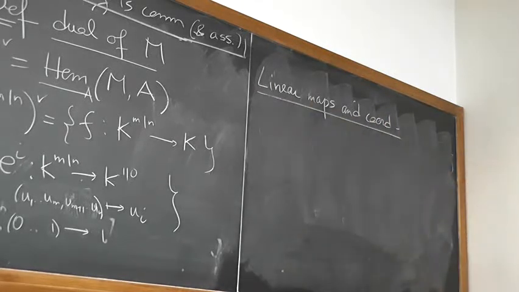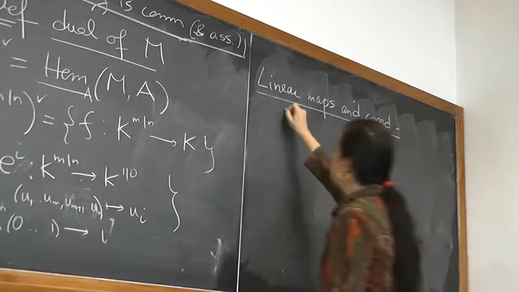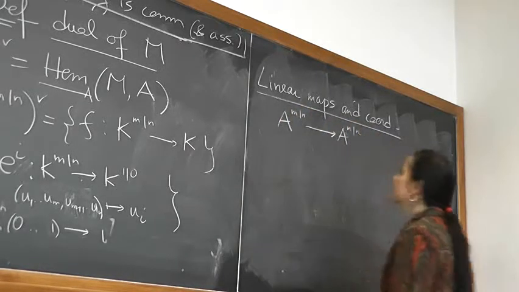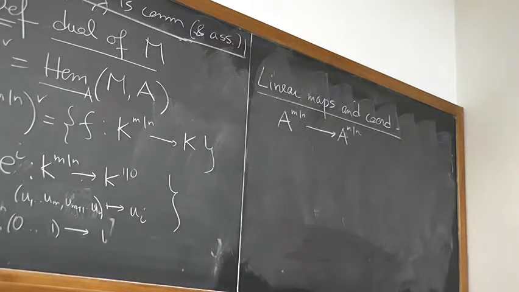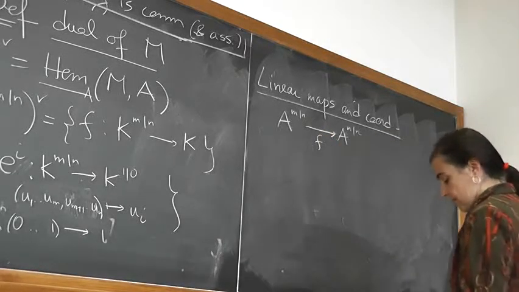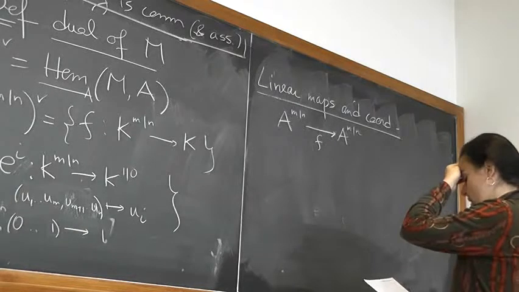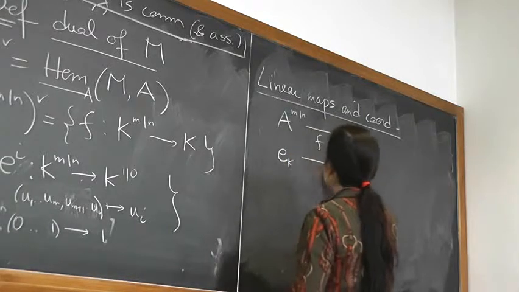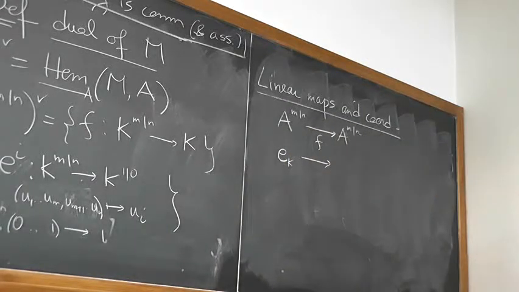So let me open a small parenthesis about linear maps and coordinates. We take a linear map f and we want to write it in coordinates. I know you will not be happy. It's enough that we specify it on the basis elements.